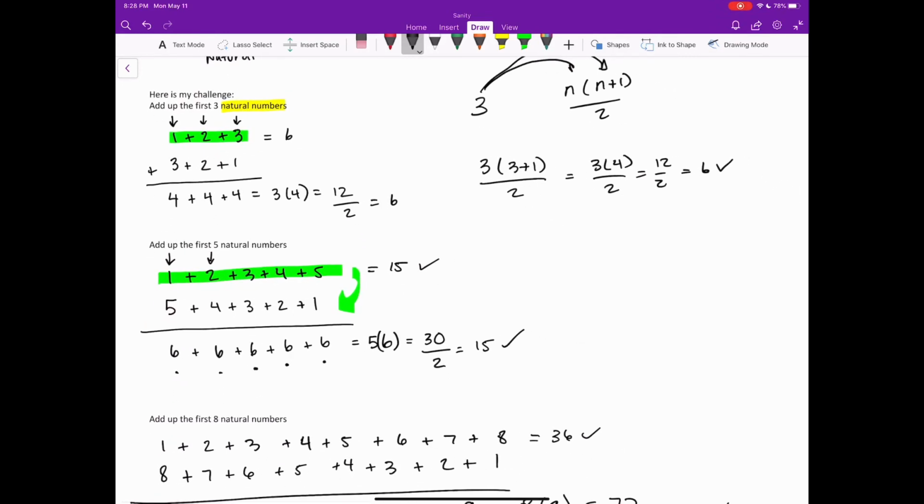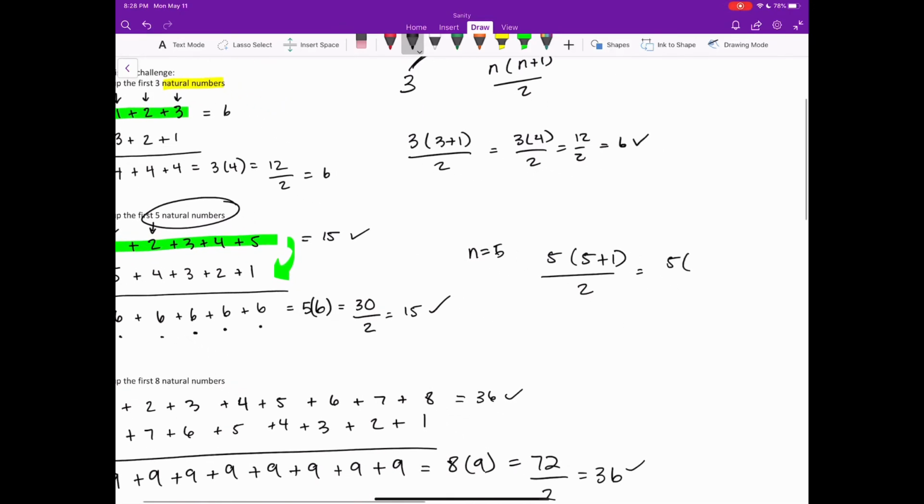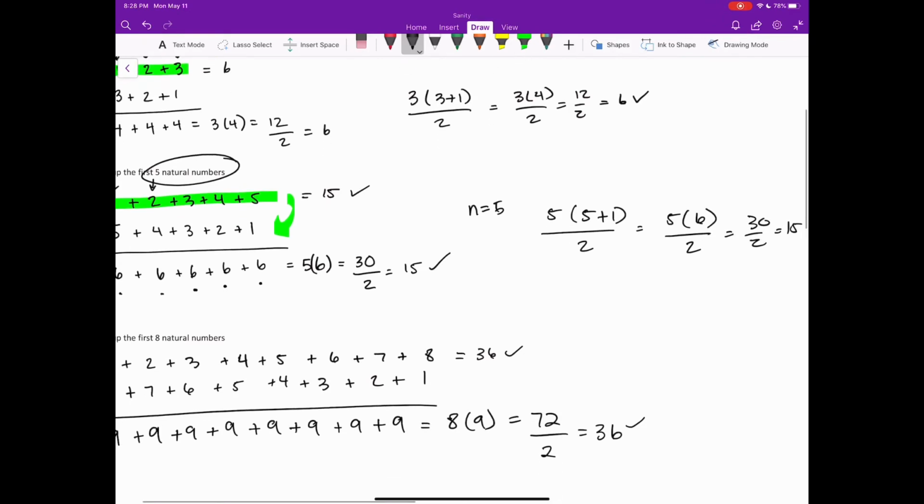Let's use now n equals 5, because we want the first 5 natural numbers. So I'm going to say 5 times 5 plus 1 divided by 2. Well, that's going to get you 5 times 6 divided by 2, which is 30 divided by 2, which is indeed 15. That checks out again as well.